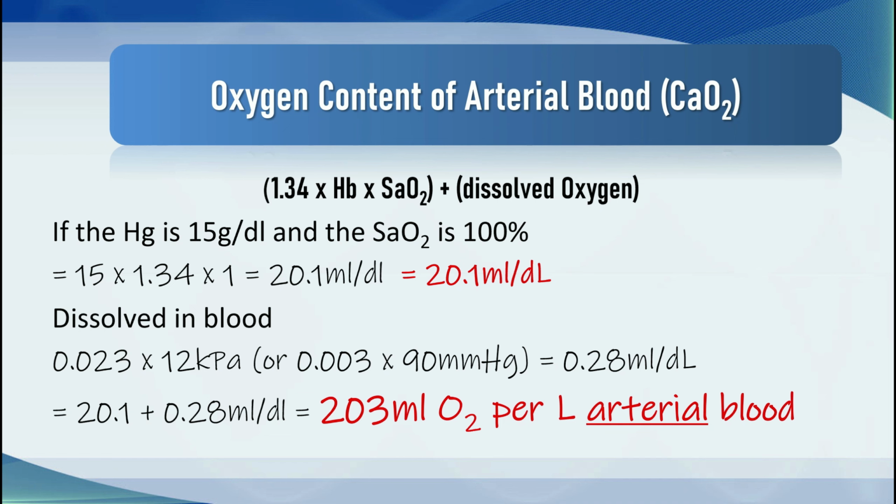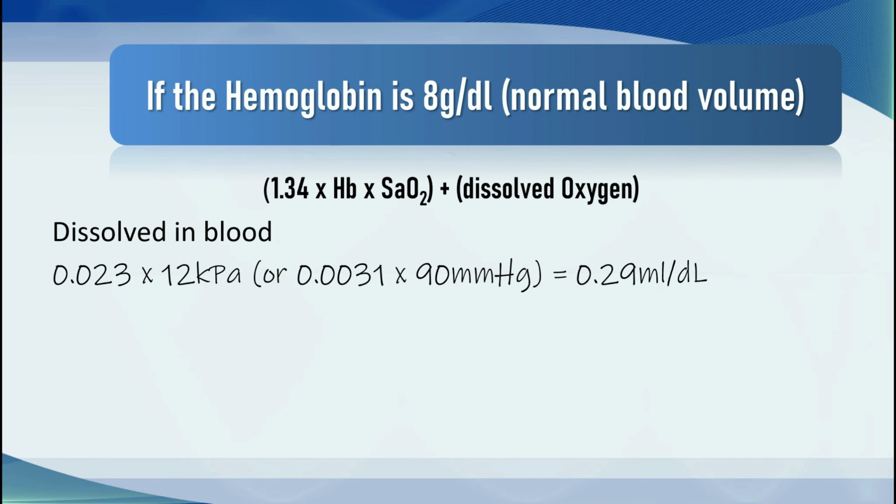Sometimes in our clinical practice, we encounter patients who are chronically anemic. For example, a patient who has a hemoglobin of 8 grams per deciliter with normal blood volume will have more or less the same amount of oxygen dissolved in their plasma, maybe a little bit more because there is a slightly higher plasma volume.